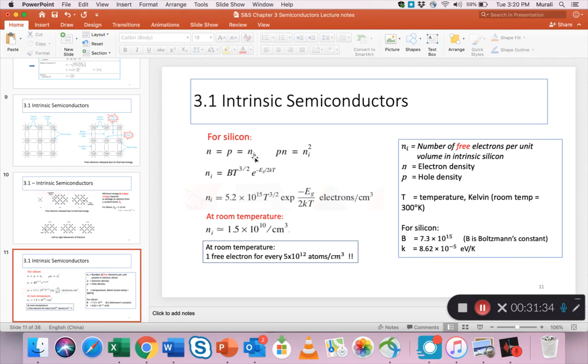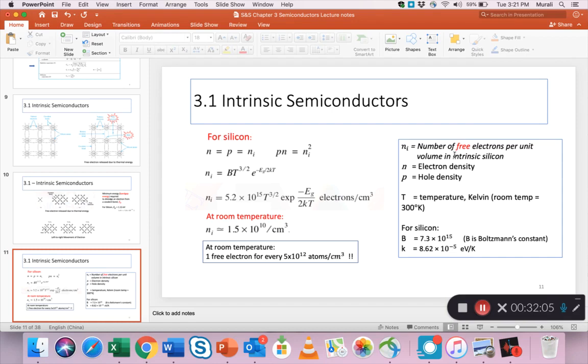Sometimes they drop the I, but you'll generally know it's not necessary. Generally speaking, the number of free electrons equals the number of free holes. P is the hole, right? Electron is represented by an N, and hole is represented by a P, and so the number of free electrons is Ni, also sometimes called N or P, per unit volume, right?